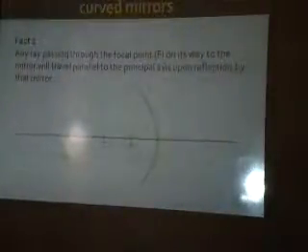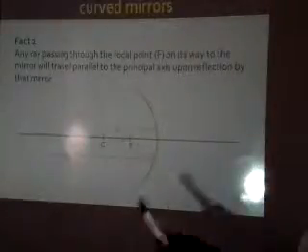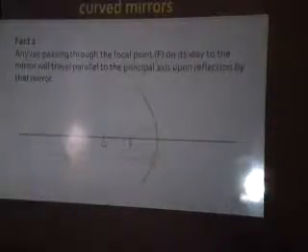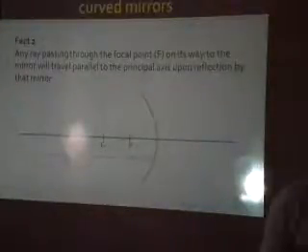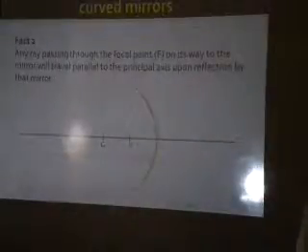The second fact tells us that any ray that passes through the focal point will travel parallel to the principal axis upon being reflected by the mirror.